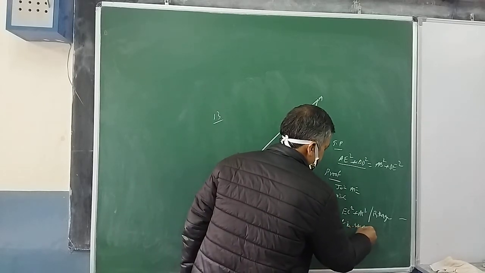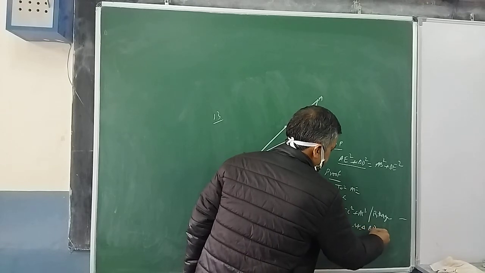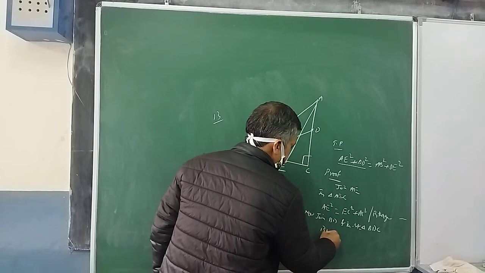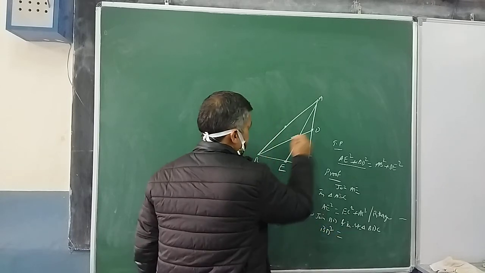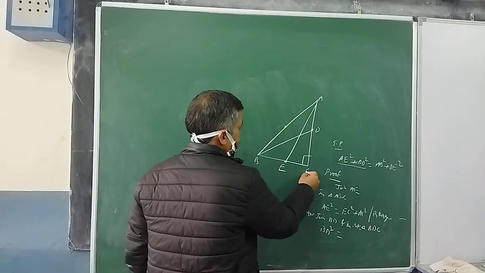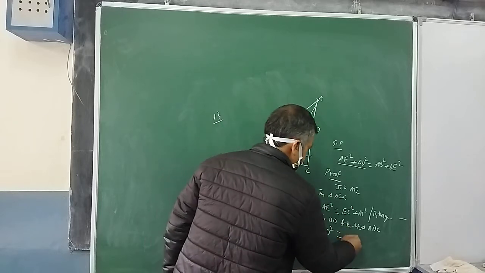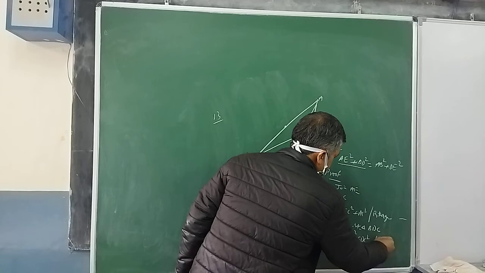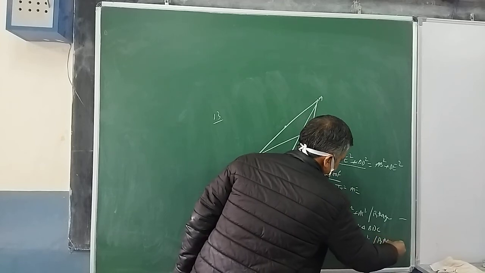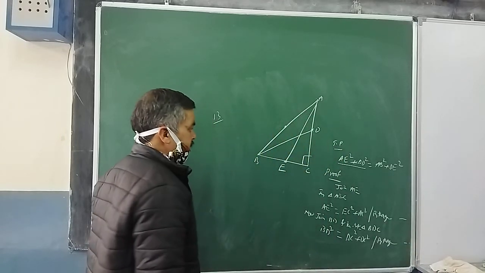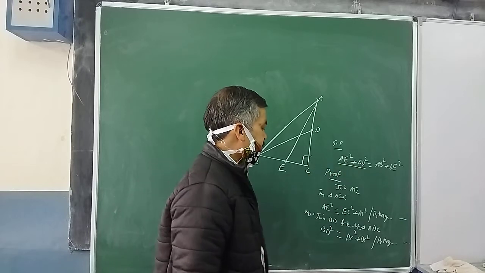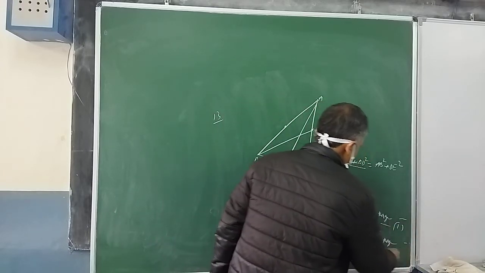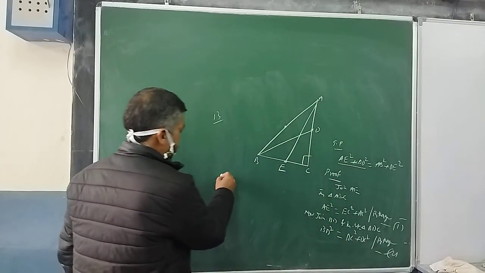In right triangle BDC, if you apply Pythagoras, BD square is equal to BC square plus DC square. Again the reason is the Pythagoras theorem. You are looking for AE square plus BD square, so give it number 1, give it number 2 and add 1 and 2.